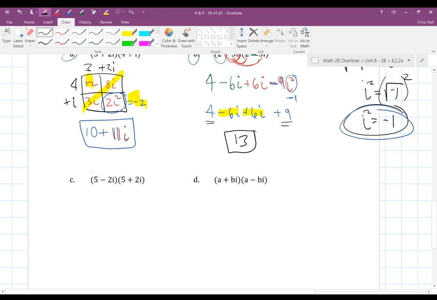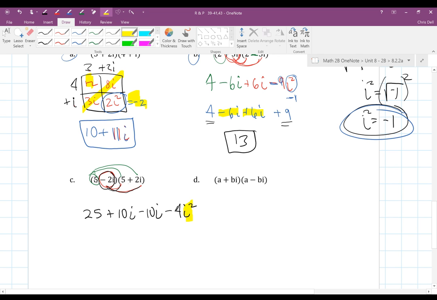So C, I'm going to do the same thing. I'm going to distribute this 5, and then distribute the -2i. So we get 5 times 5 is 25, and 5 times positive 2i is positive 10i. Then this -2i times 5 is -10i, and -2i times -2i makes it a -4i squared.